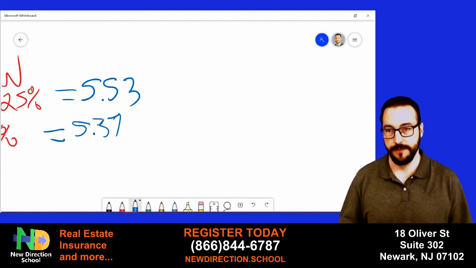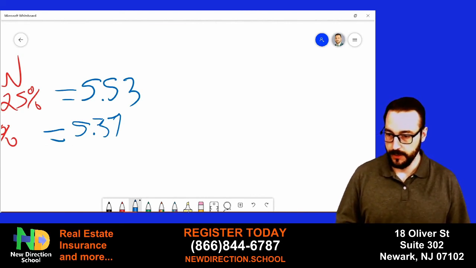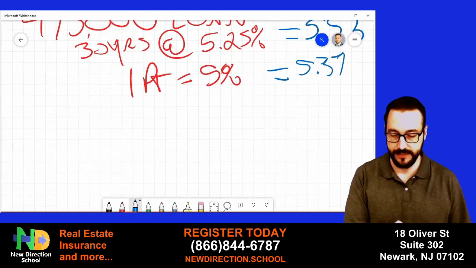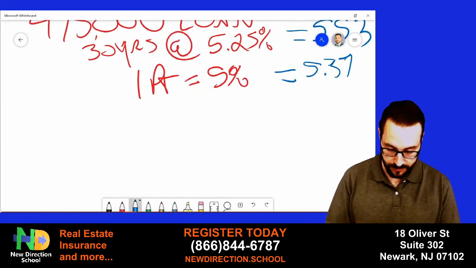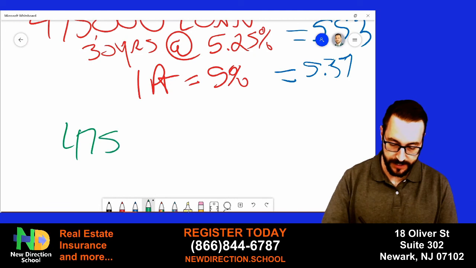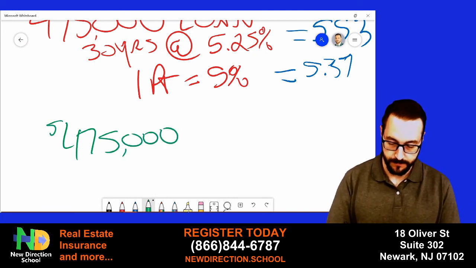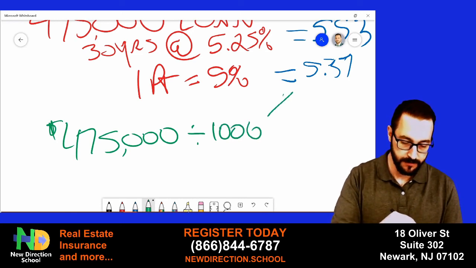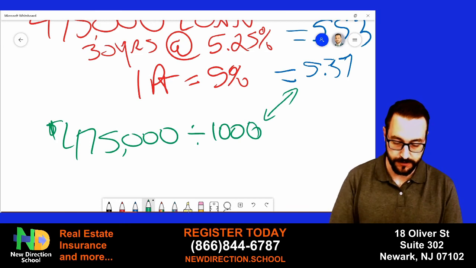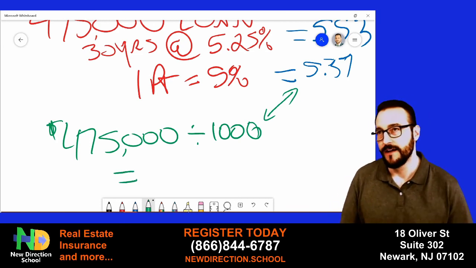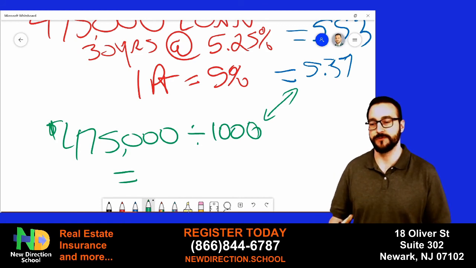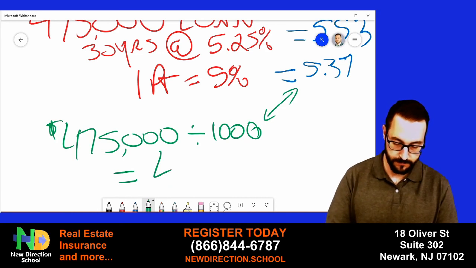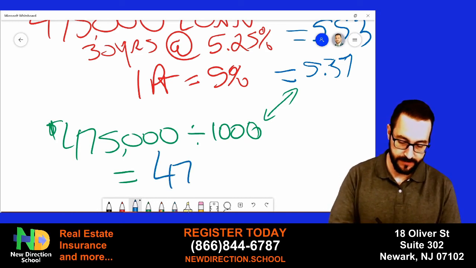That tells you your monthly payment. If it's 475,000, that number is per thousand. We have to divide by 1,000 because this number is per every $1,000. So how many thousands do we have in 475,000? We have 475.